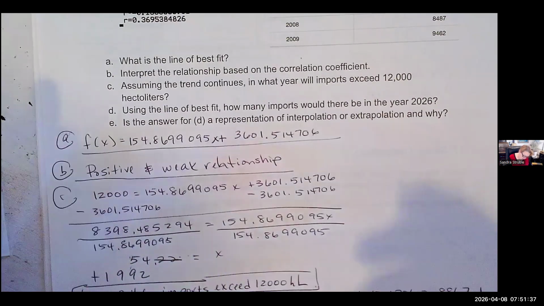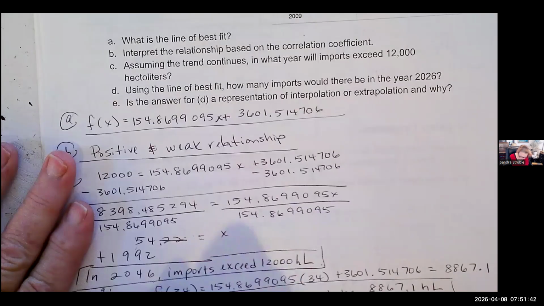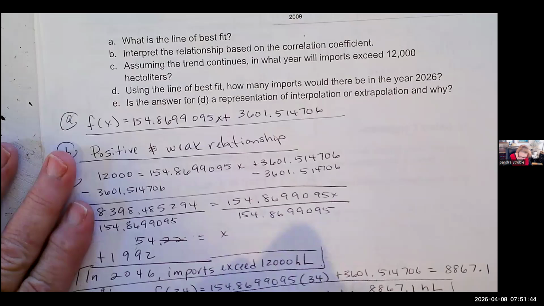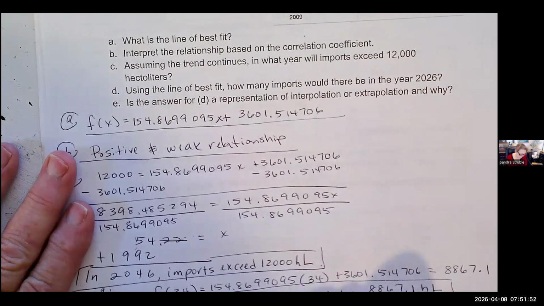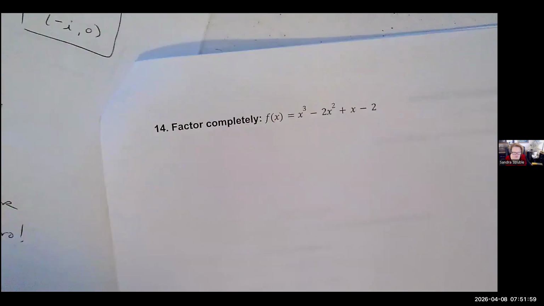So 2026, let's just go with that, is not in the domain. So extrapolation. Okay. Bummer. Sorry about that. So let's go look at the next one.